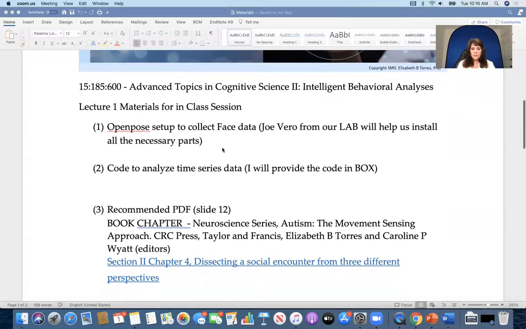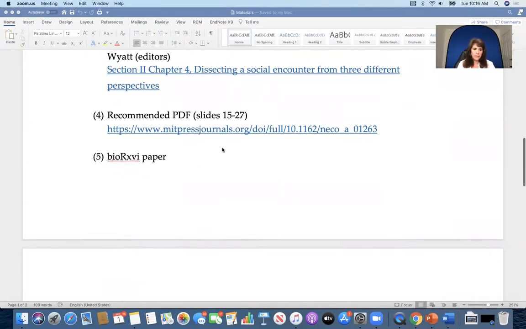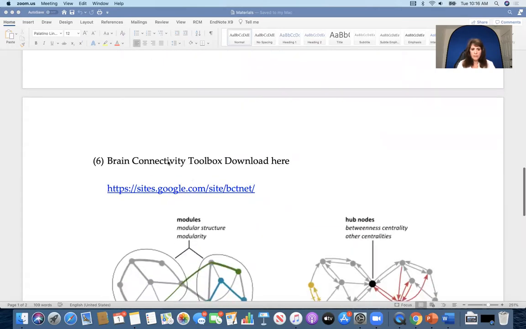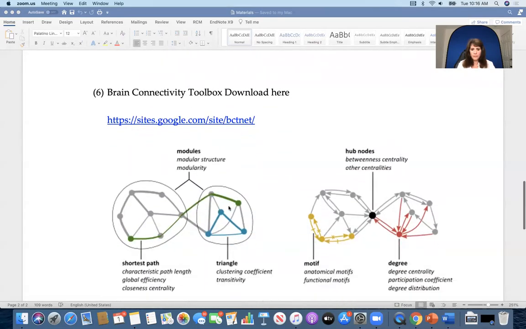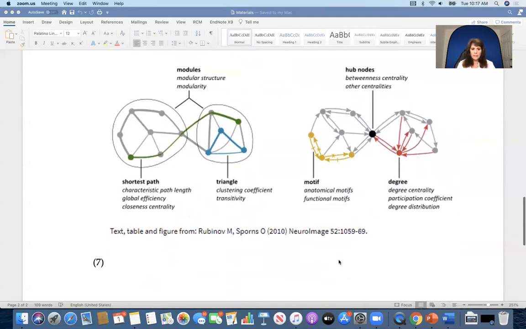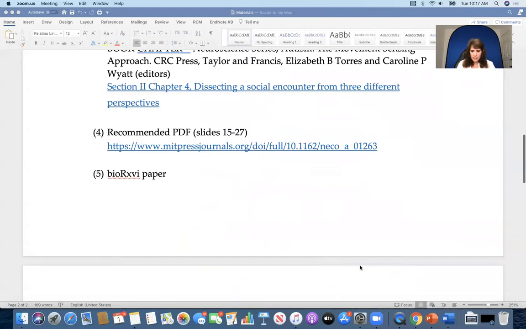So this lists all the materials for our first meeting. The first meeting will be pretty much logistics. I would like you to download this toolbox and go over the various measurements that enable us to do connectivity analysis on the data that we collect. And that will be it for the first class.